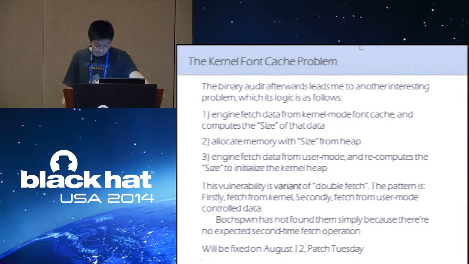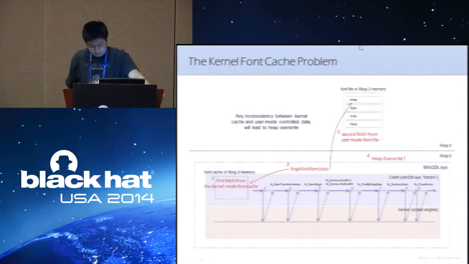I think the pattern is: first fetch from the kernel, and the second fetch from user mode controlled data. And Bochspwn has not found them simply because there are no expected second-time fetch operations. I drew a picture to illustrate this problem.